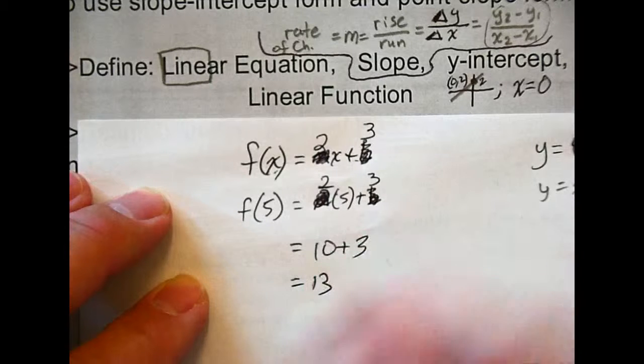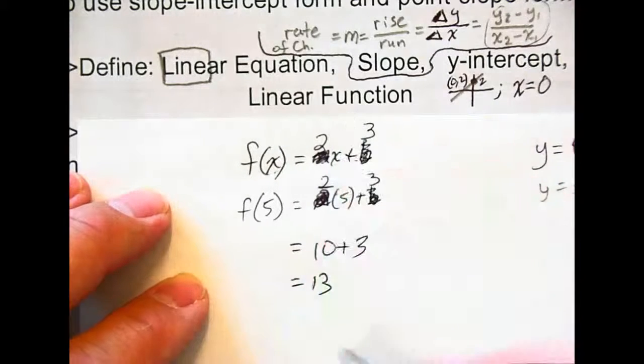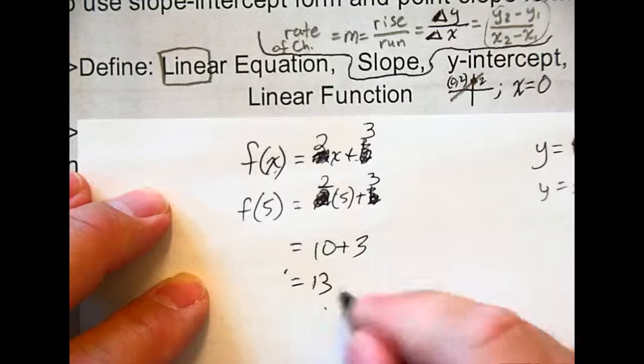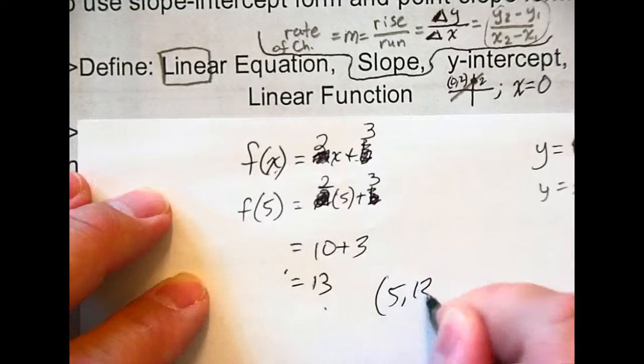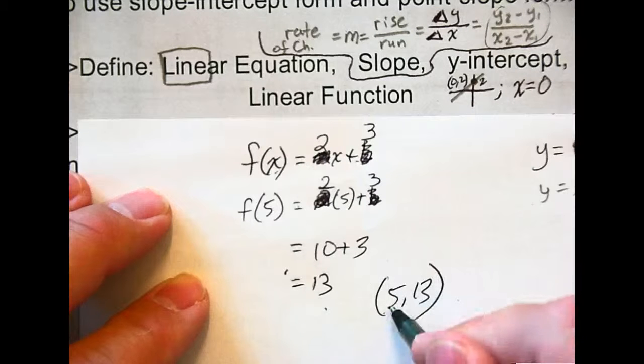But f of 5 is 13. That means you would have the ordered pair 5, 13, right? Function notation allows you to use functions to put the given input in to find an output.